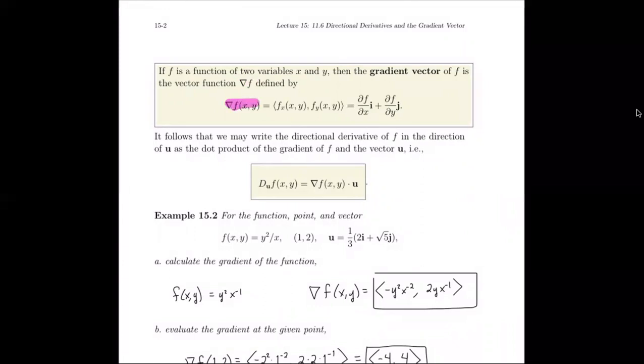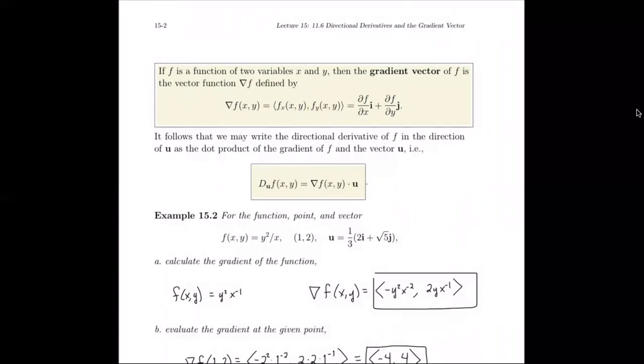The gradient of f of x, y is the vector function: the partial of f with respect to x, comma, partial of f with respect to y. Writing that in standard basis vectors, it looks like the following: the partial f with respect to x, partial f with respect to y, times i and j respectively, and add it up. So two different representations. We'll use those back and forth per whatever's convenient.